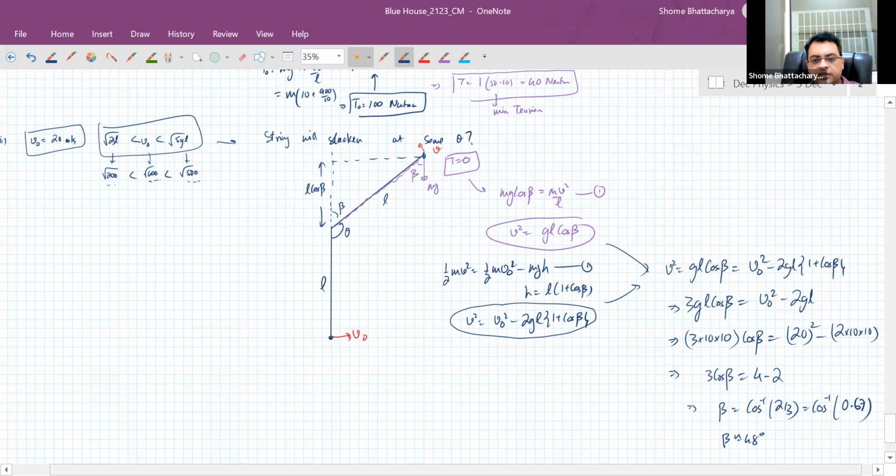Yes, it's about 48 degrees. That's correct. At this kind of angle, the string slackens, and the speed at that point becomes root gl cos beta.